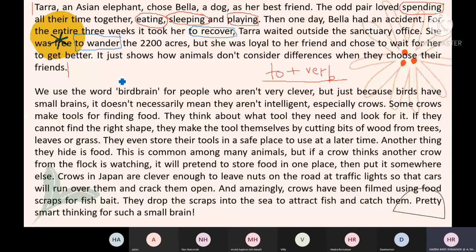What does it mean? Google, dictionary, please do so. Yes, Dani, any answer? Like walk or move in a leisurely or aimless way.